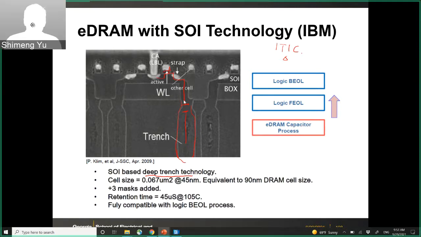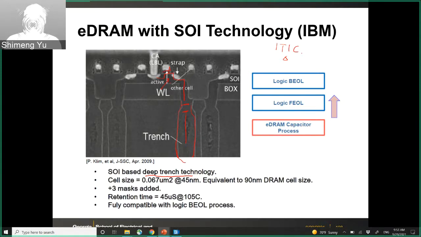As a trade-off here, because you use a logic transistor to function as this access transistor, you may have one downside for the 1T1C cell. Can you imagine what the problem is if you use a logic transistor as the access transistor for the DRAM cell?